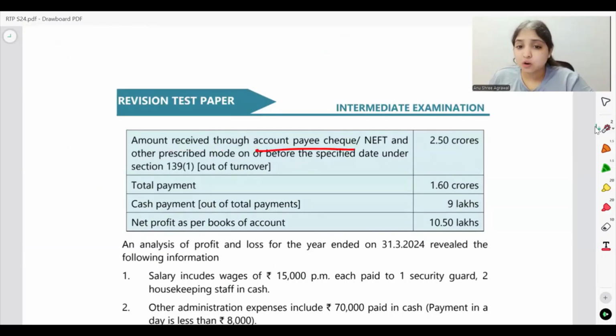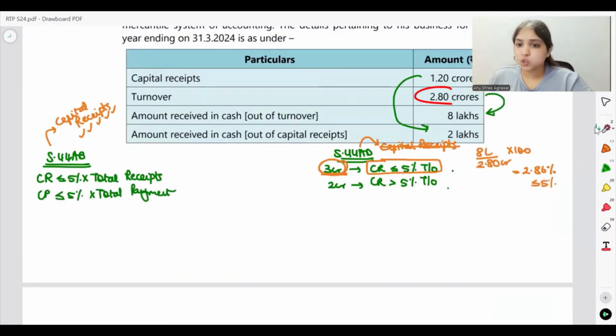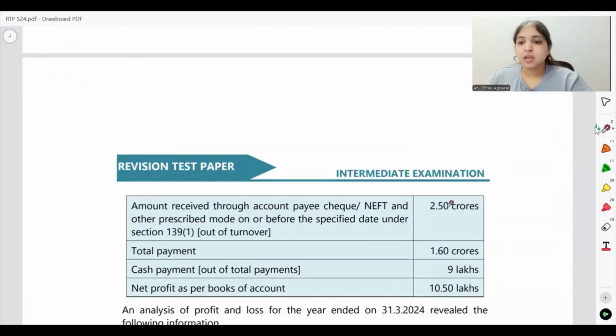Amount received through account payee cheque or NEFT, other prescribed mode, on or before the specified due date under 139(1) is 2.5 crores. So basically total turnover is 2.8 crores. Out of that, 8 lakhs is received in cash, and 2.5 crore they have received through account payee cheque or NEFT. So this I can say is specified mode, guys.